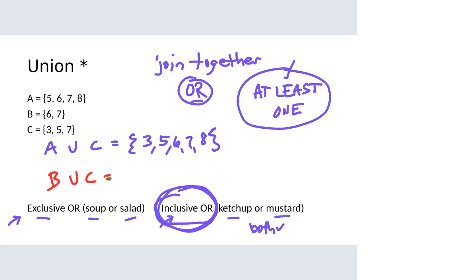Those are operations we can do. We can find the intersection of sets. We can find the union of sets. We'll go another 15 seconds and then talk through this one. All right, let's see how it went.